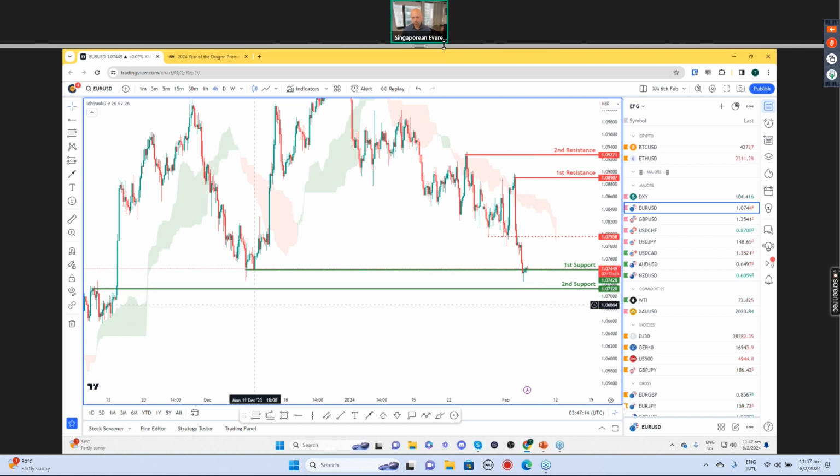So by identifying the second support at 1.0712, that in turn helps us to identify a potential take profit level at about, let's just say, 5 pips to 10 pips above this support, right?